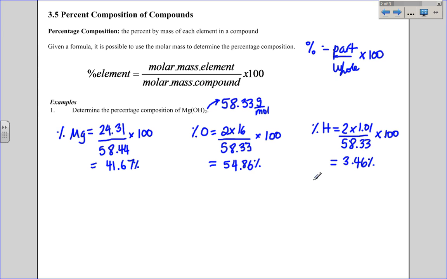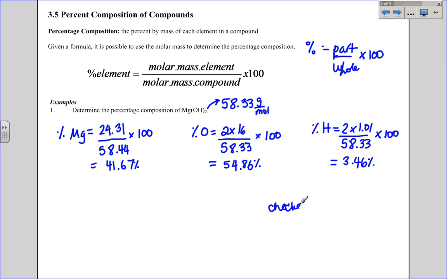When you've got 3 elements like this, another way to determine the percent of the last element is to take the sum of the previous ones and subtract from 100, because we know that the percentages will all add up to 100. I like to do the long way, which is this, determining each of them individually, so that I can check my answer at the end.